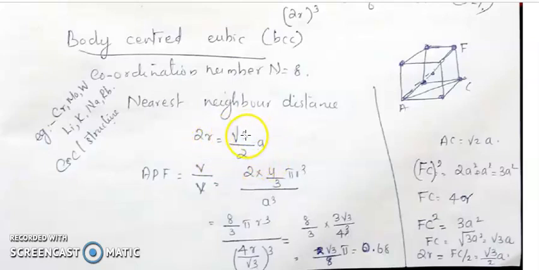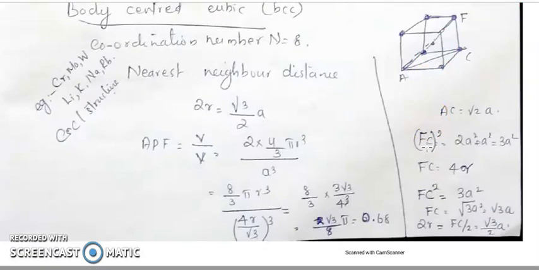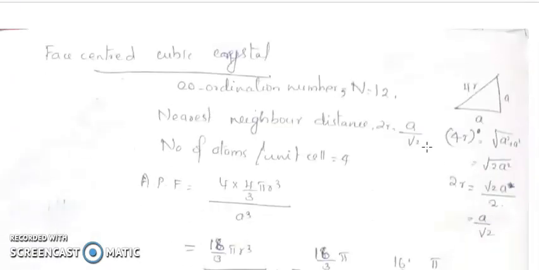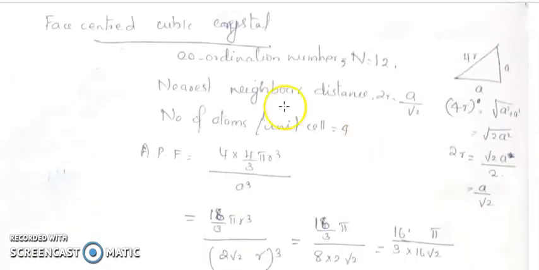Root 3 is only 1 point something, so 4r by root 3 is approximately 2.3, so the length will be a little greater compared to the simple cubic, because it must include one more atom at the center, so the size of the cube enlarges to a little extent. Okay, then we can come to the next type, that is a face-centered cubic crystal.